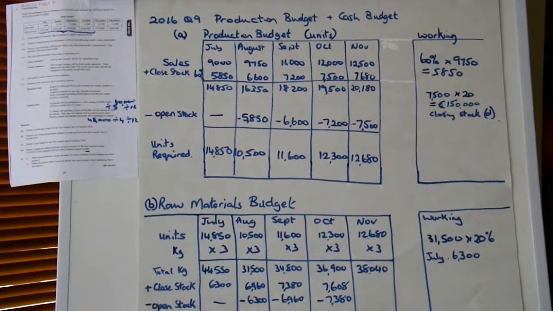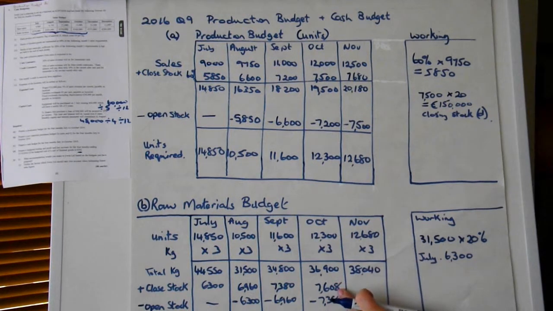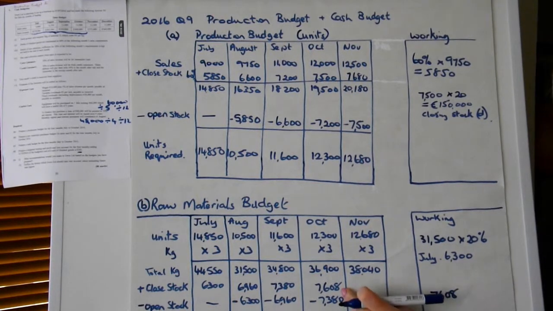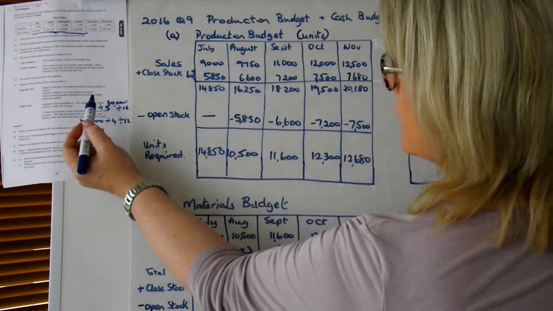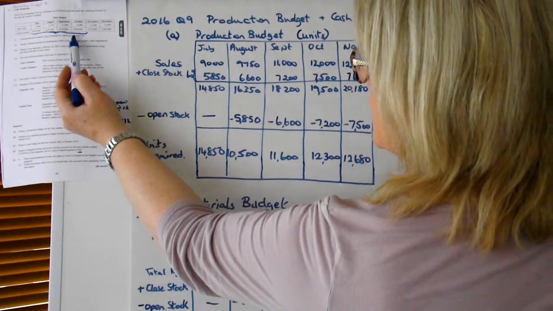I also need to get the closing stock of raw materials, so I go back to part B for that. October closing stock was 7,608 there, and we are told in the question that it is at €4 per unit at cost.